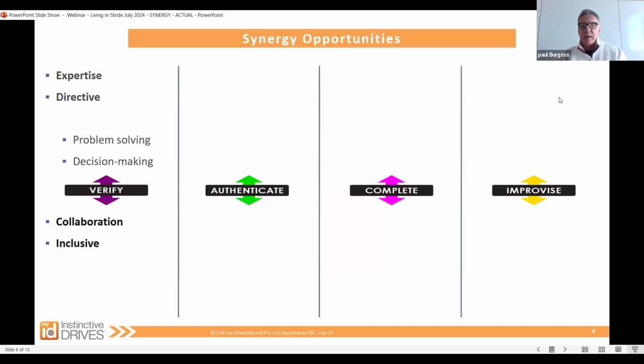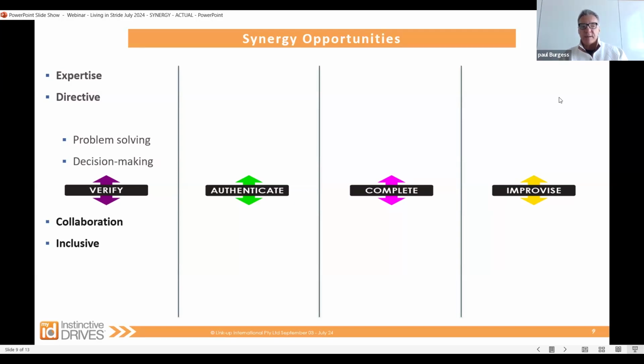No matter how much expertise the avoid verifier has, their first instinct is, how do I collaborate with other people? Who do I know that I can bring in and talk this through with? And so they bring a much more collaborative problem solving and decision making style to the table.